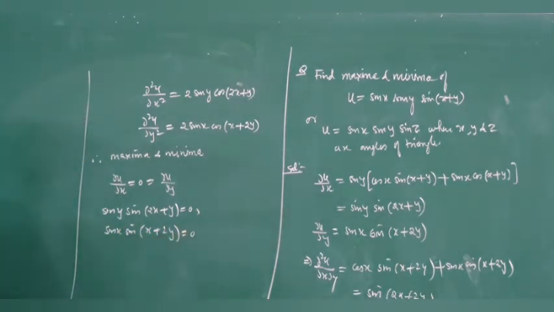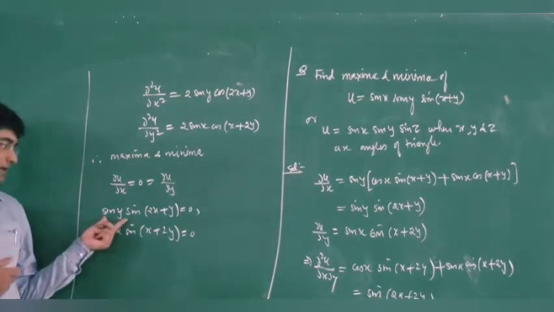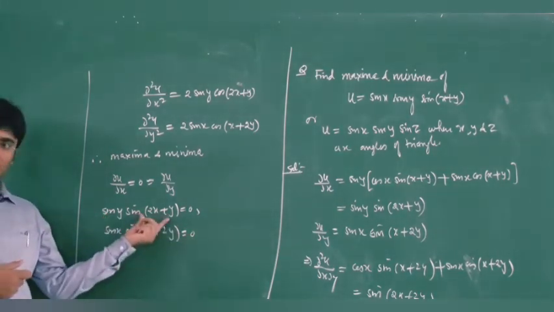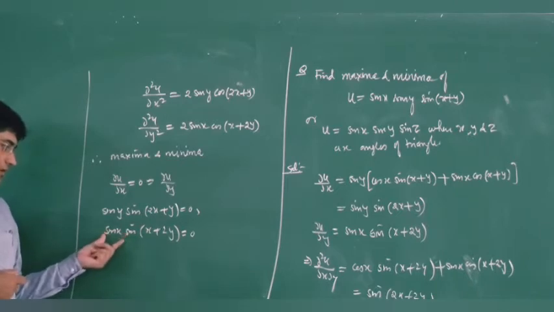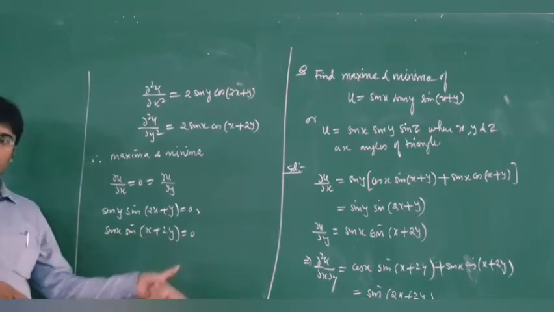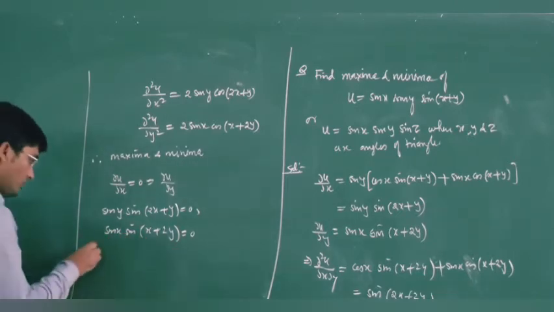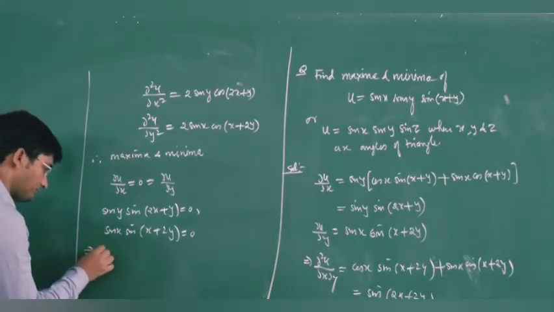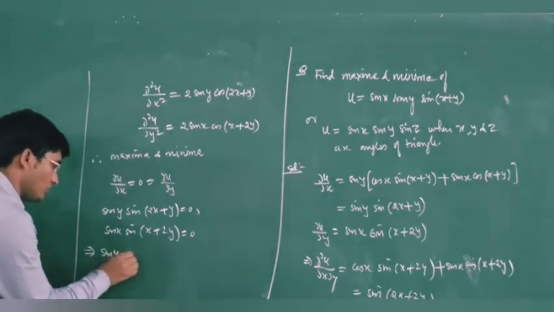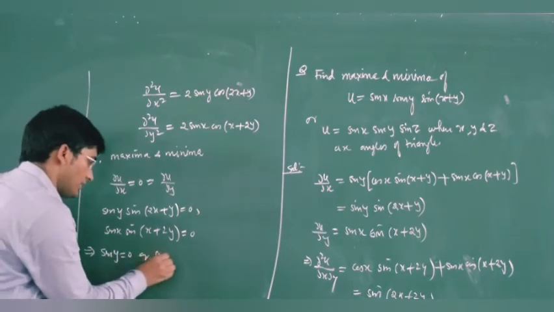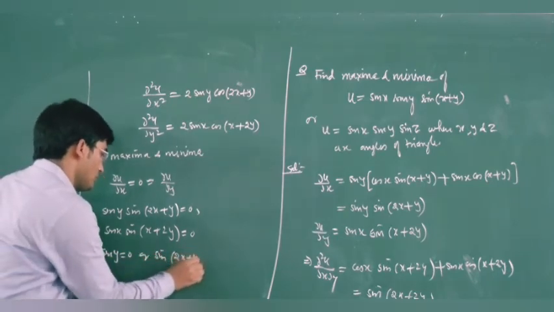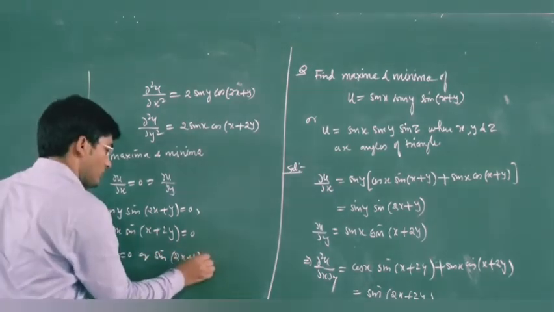Now from here, either sin y equal to 0 or sin 2x plus y equal to 0, or from here our sin x will be 0 or sin x plus 2y equal to 0. So from here we will have sin y equal to 0 or sin 2x plus y equal to 0.